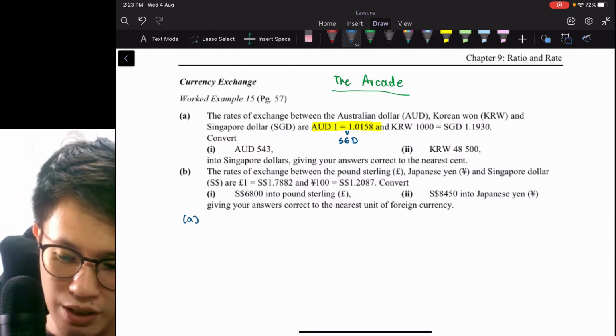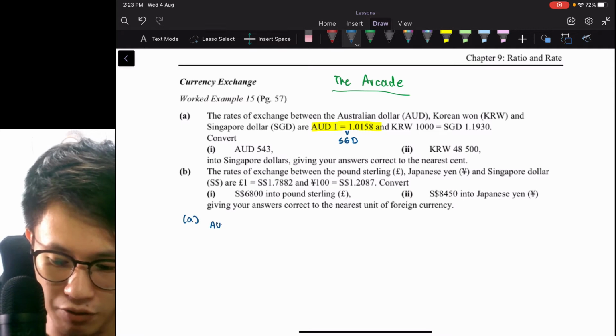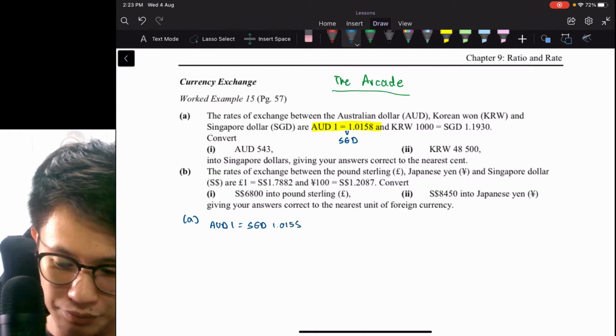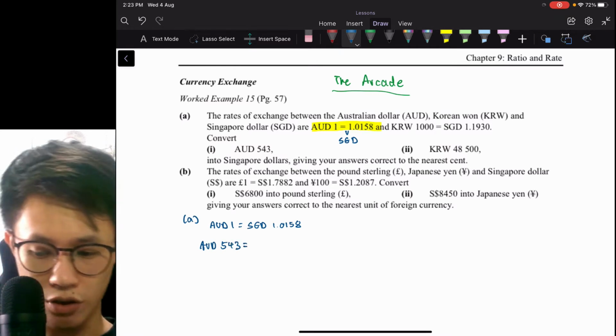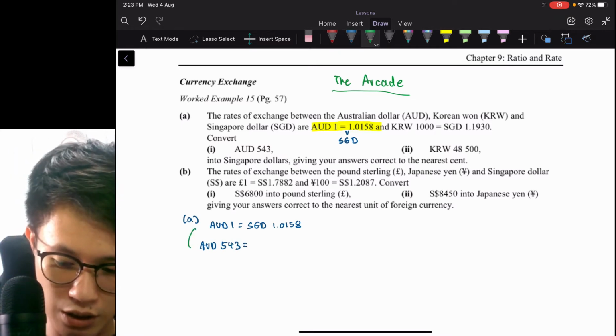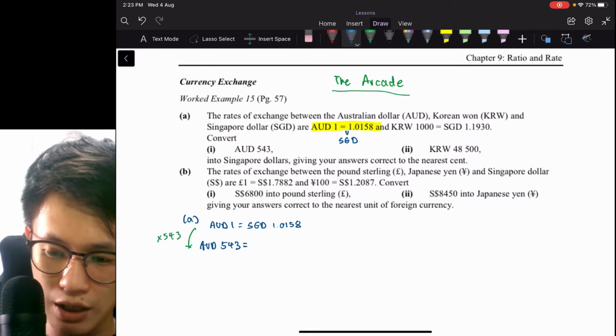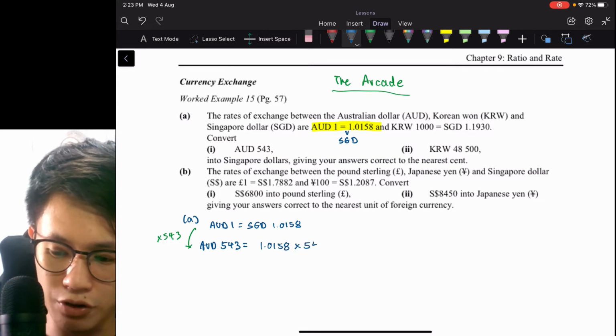You should always start with the exchange rate that they give you. 1 Aussie dollar is equal to SGD 1.0158. To find 543 Australian dollars is quite straightforward. From here to here, you multiply by 543, so you have 1.0158 times 543.